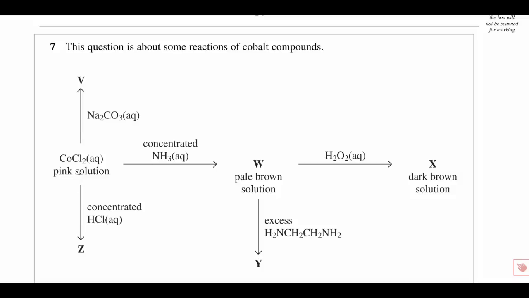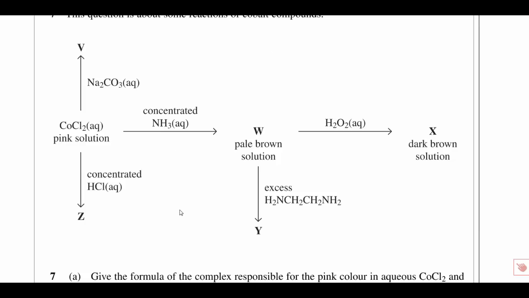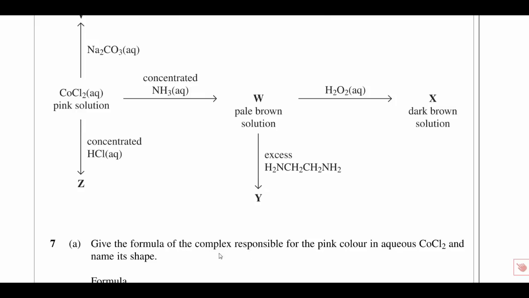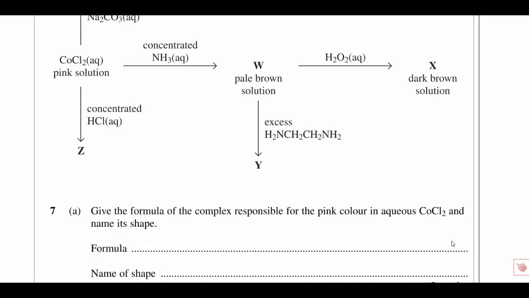Starting here, we've got our cobalt chloride, pink solution, aqueous. We're adding sodium carbonate. We go to V, and we go to Z, W, Y and X from a variety of different things being added. So the question is, give the formula of the complex responsible for the pink colour in aqueous cobalt chloride and name its shape.